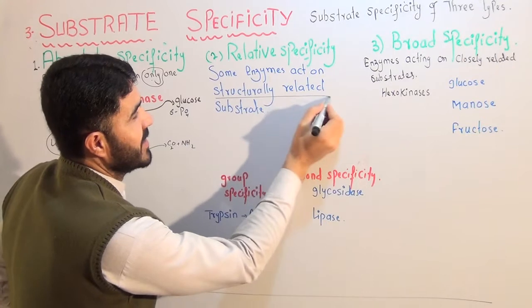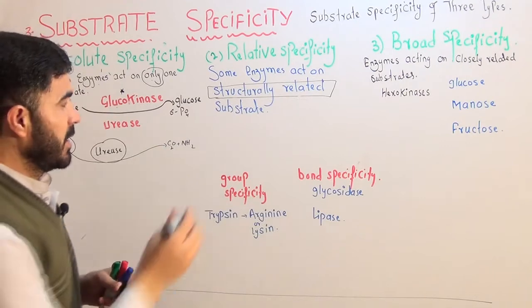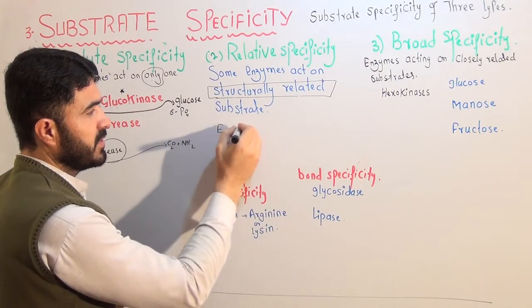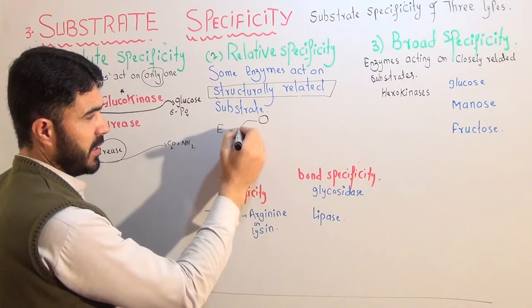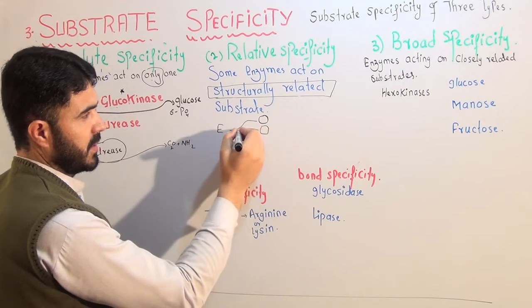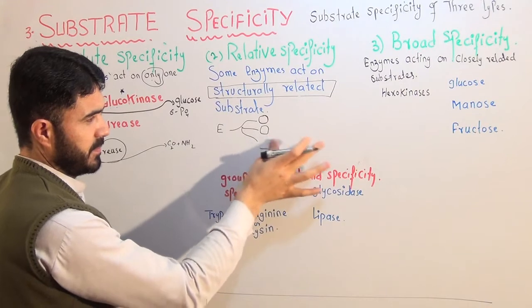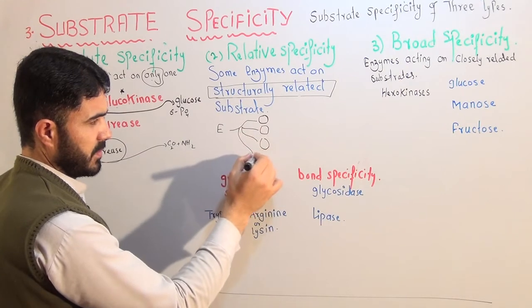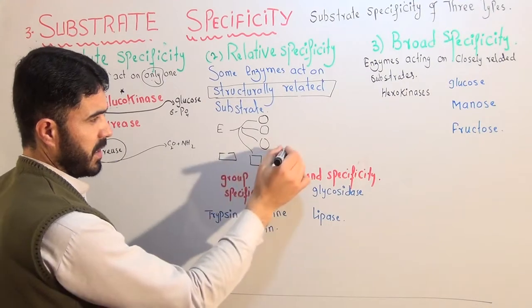Structurally related. Now this is a very important point. We have one enzyme, and in front of this enzyme we have a substrate like this, another substrate like this, another substrate a little bit egg shape, and some are like this, some are like this.